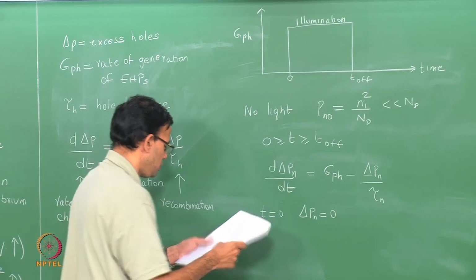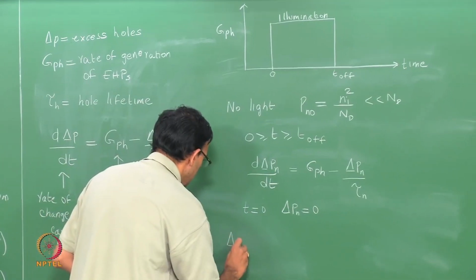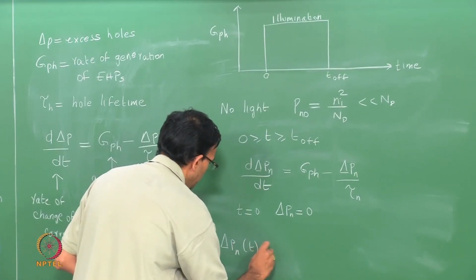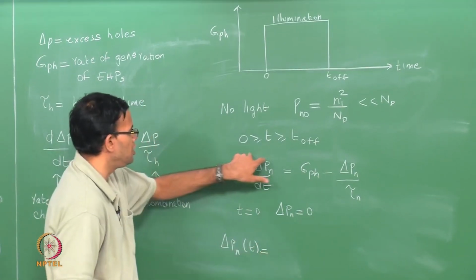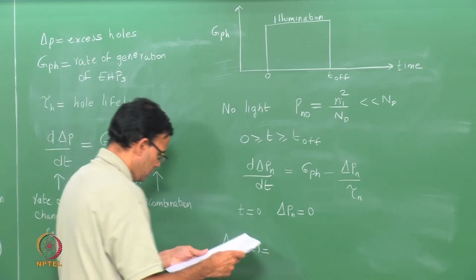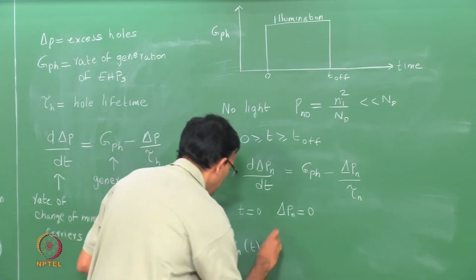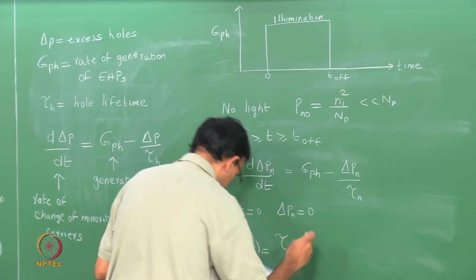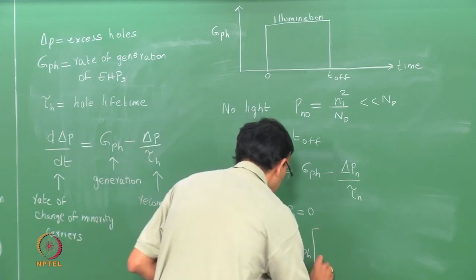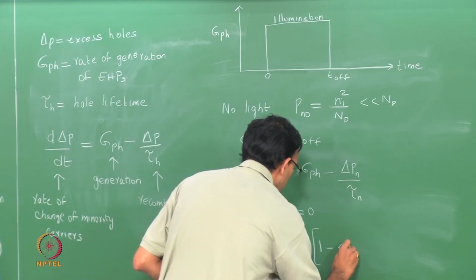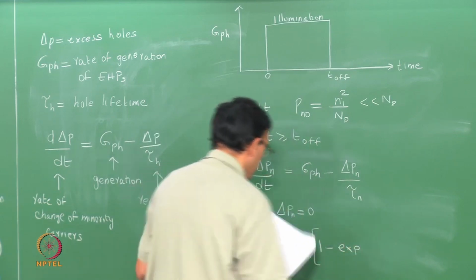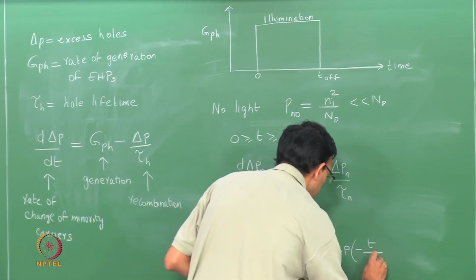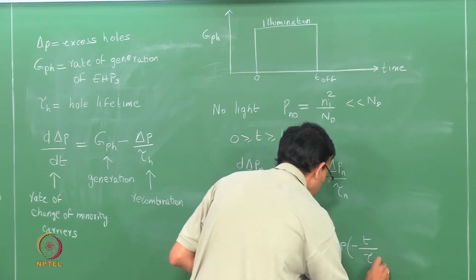If I solve for this, delta Pn at time t, where t is between 0 and T off, is nothing but tau h Gph times 1 minus exponential of minus t over tau h.